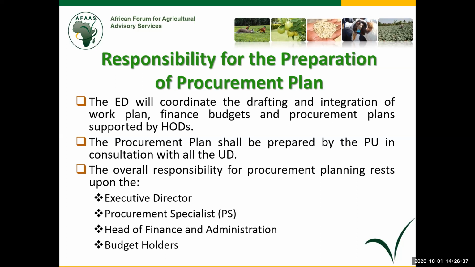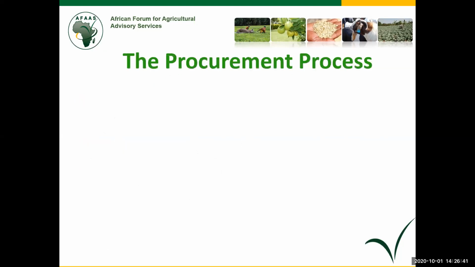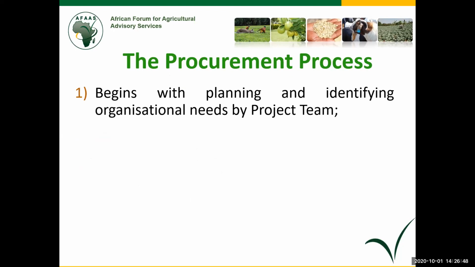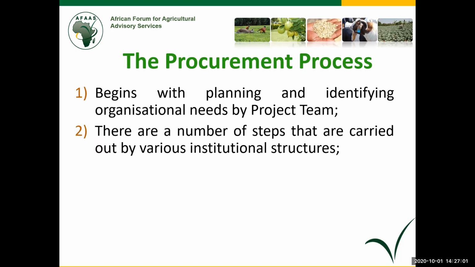So having this overview, we can now go down and try to dissect what we do at each stage of the procurement process. In summary, the procurement process begins with planning and identifying organizational needs by the project teams.